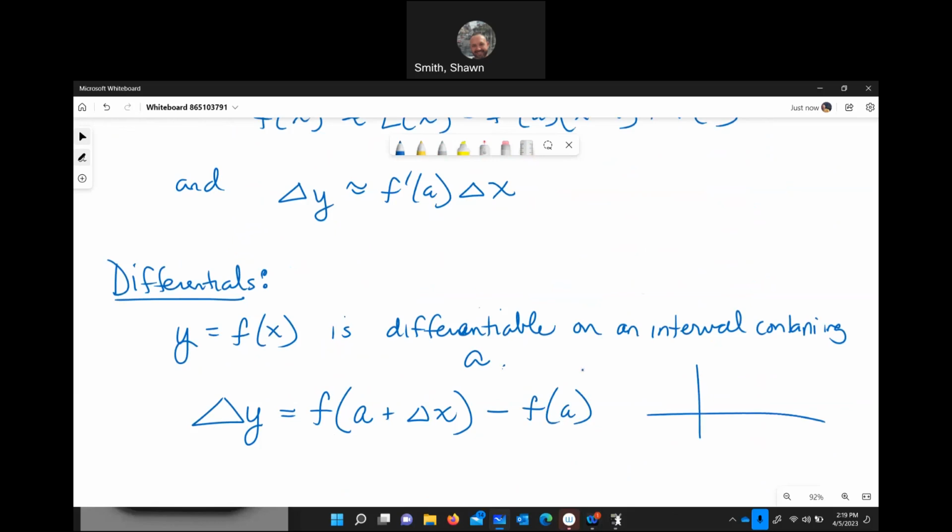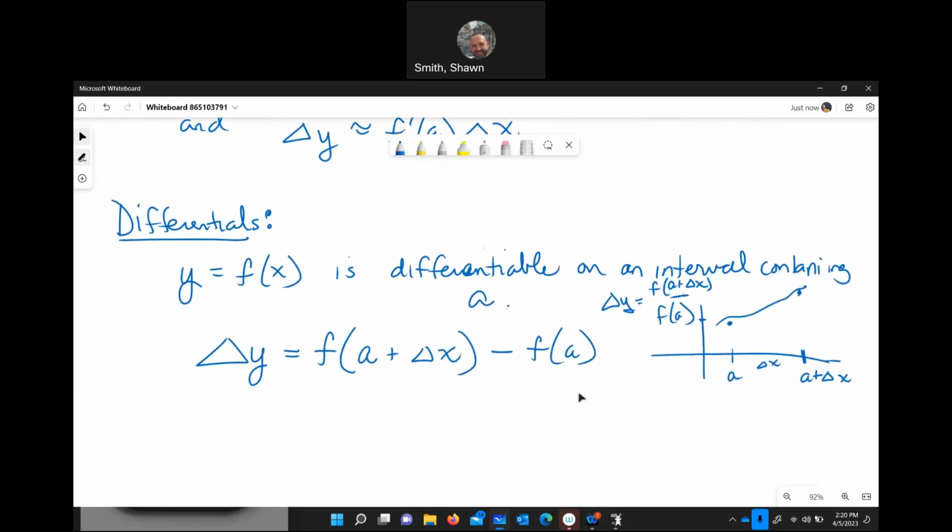So we'll just draw a picture of that in case you need it. Here is a, and then we've got a change in x. So right here is a plus a change in x. This right here is f of a. Maybe over here is f of a plus change in x. The difference between these two is your change in y. This is the exact change, right?